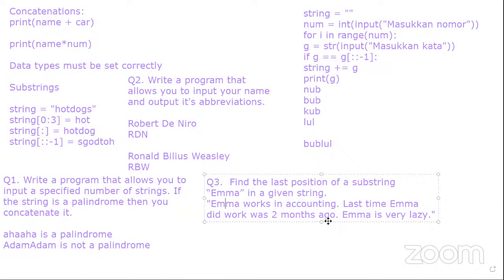Okay, so I've counted, and Emma last appears starting from index 67.